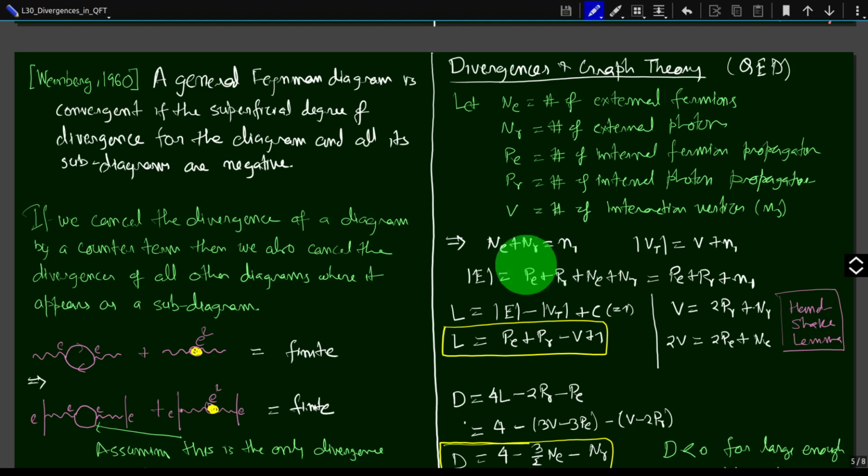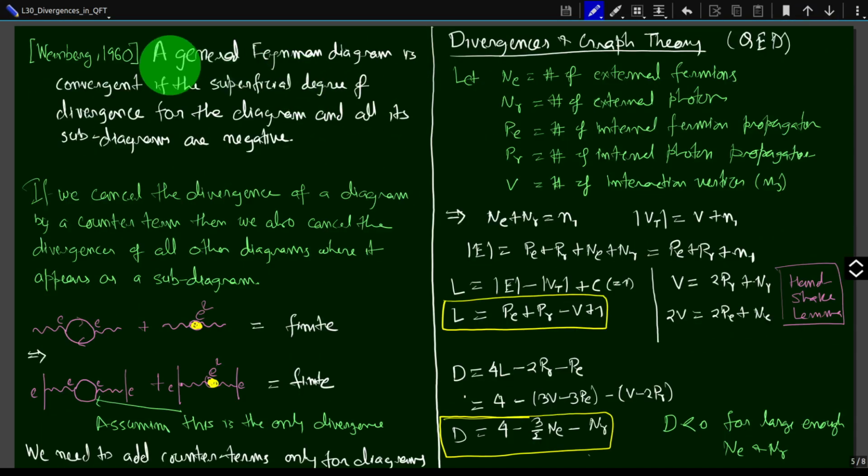Okay, what Weinberg said in 1960 is that a general Feynman diagram is convergent if the superficial degree of divergence for the diagram and all of its subdiagrams are negative. So this is one way to show that the diagram is necessarily going to be convergent. Failing any criteria, the diagram need not be convergent.